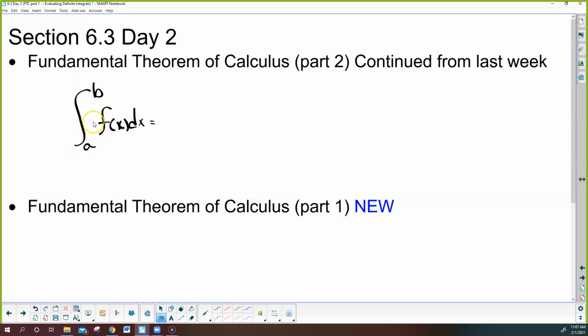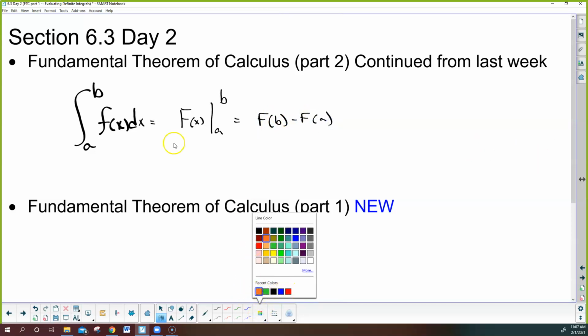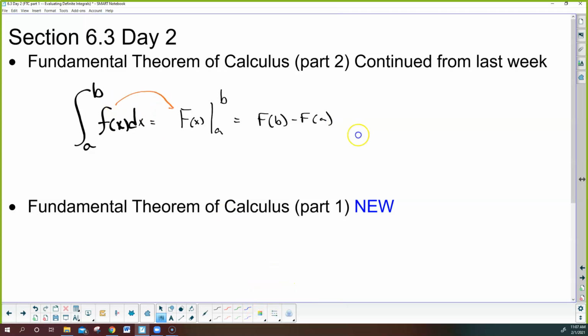But we saw the relationship last week that if we take this function's antiderivative, which we called capital F, and then evaluate from the upper bound minus the lower bound, it looked like this. Okay? And just remember that this capital F of x is the antiderivative, and that's why we've been doing the antiderivative for at least a week now.